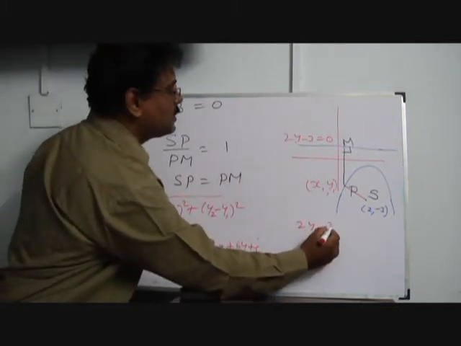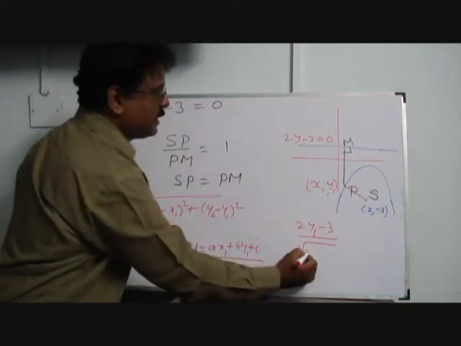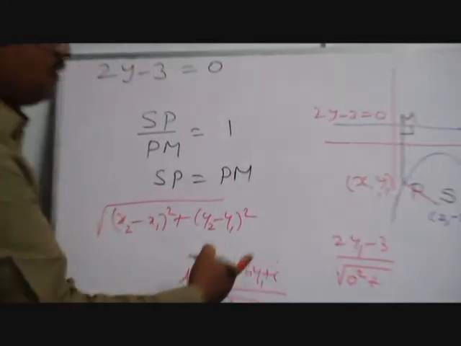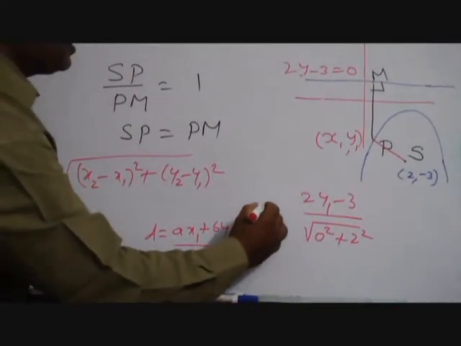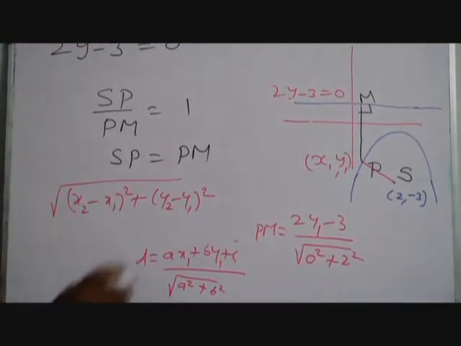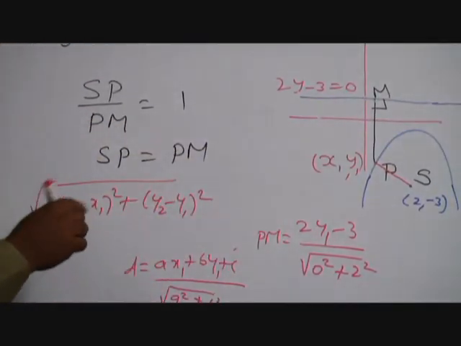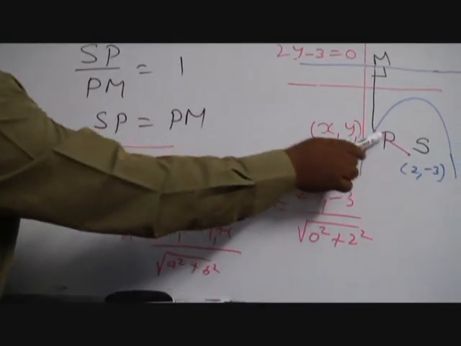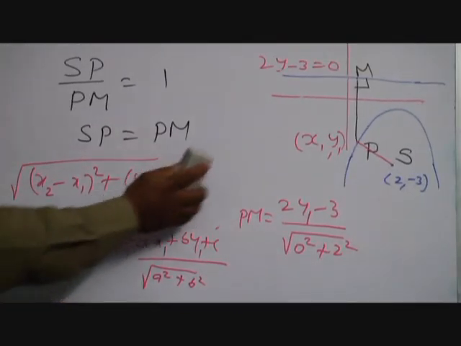So |2y1 - 3| divided by the square root of 0 squared, since the coefficient of x is nothing, plus 2 squared. This is nothing but PM. Now we know how to find the perpendicular distance from the point P to the directrix, PM. And to find the distance between S and P we use this formula. Now I am going to substitute these two values here.